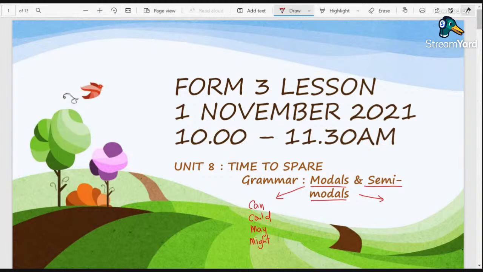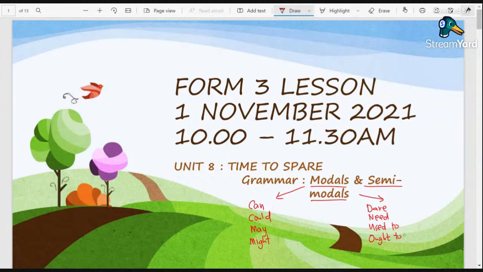And it consists of the words such as need to, if I'm not mistaken, need, not need to, and another one is used to, and also ought to.